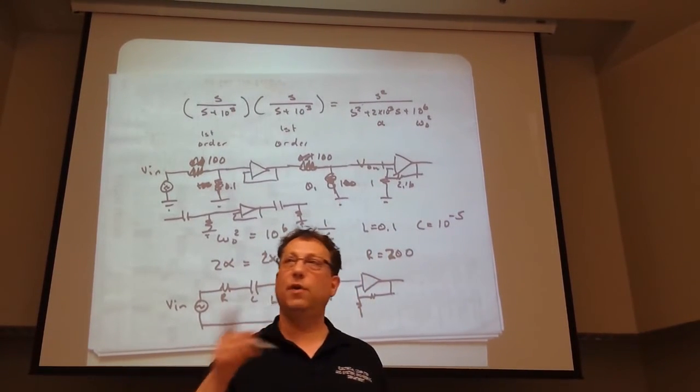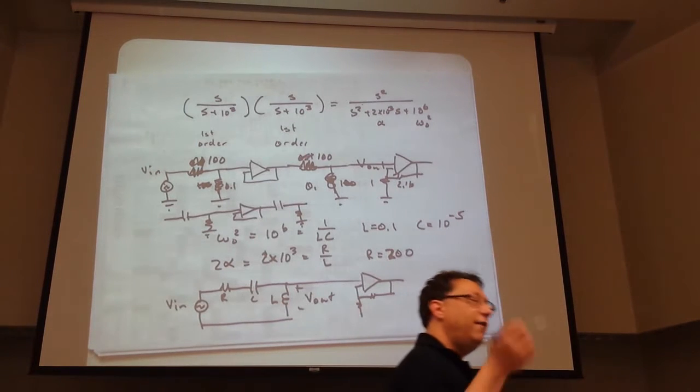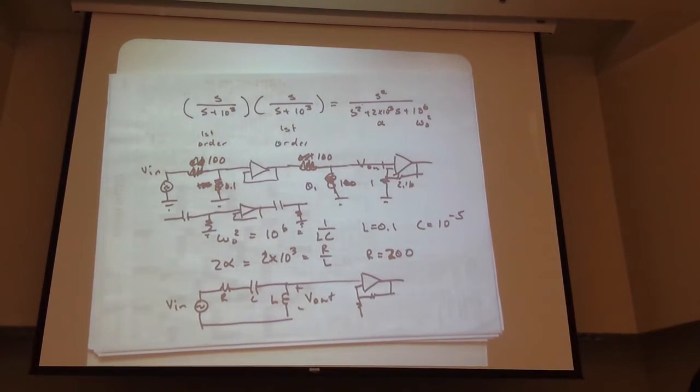So I see a couple questions. The only way for the pass band to be larger than 0 is to have an active component. I mean, that's worth writing down.